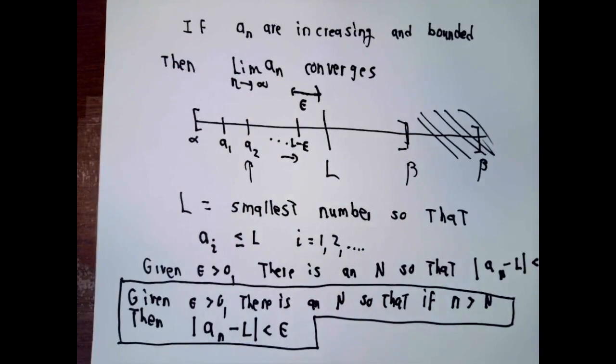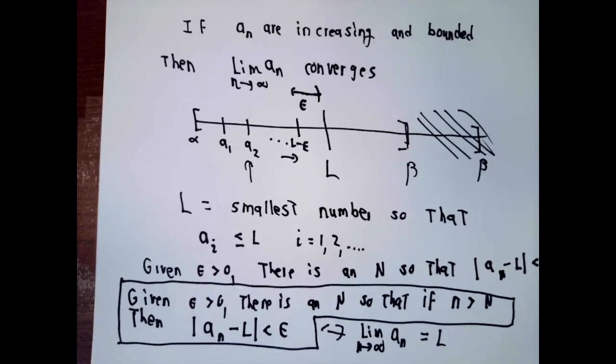Cleaning the language up. Given epsilon bigger than 0, there's a capital N, so that if little n is bigger than capital N, then the absolute value of aN minus L is less than epsilon. That, see, is the formal definition of the statement limit as n tends to infinity, aN equals L. You can make similar arguments if the sequence is decreasing.